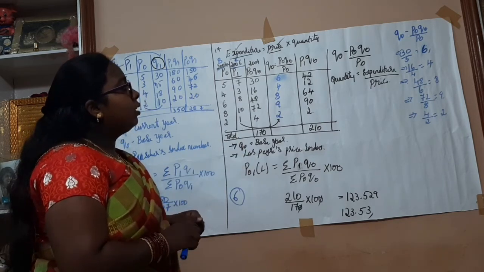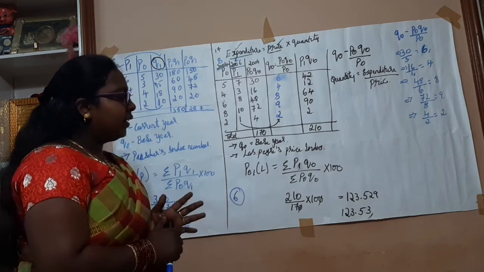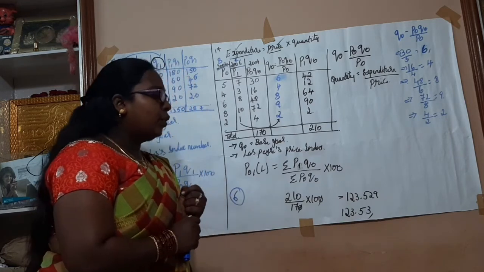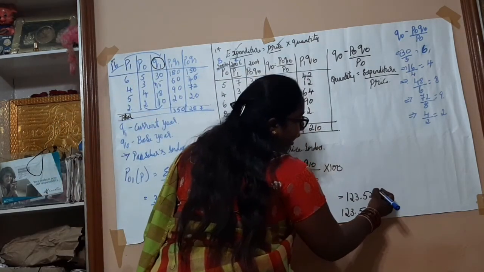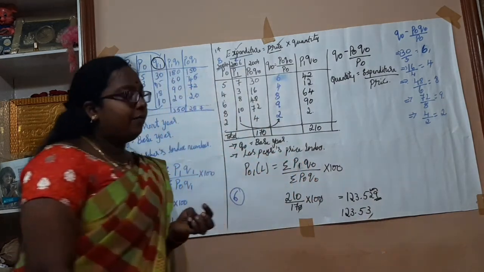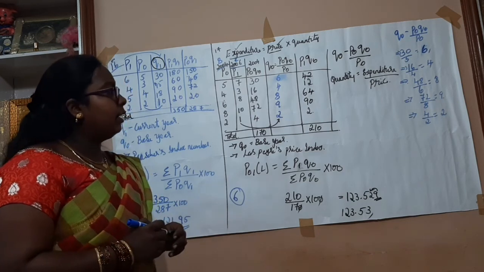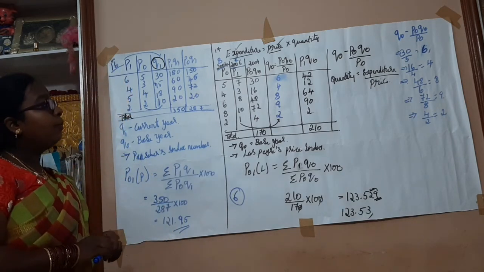Then P1 Q0 you will get 210. So 210 divided by 170 into 100 you will get 123.529. Here it is more than 5, so you will carry one. That is the rounding figure. So you will get 123.53. So this is your 16th problem and your 17th problem.